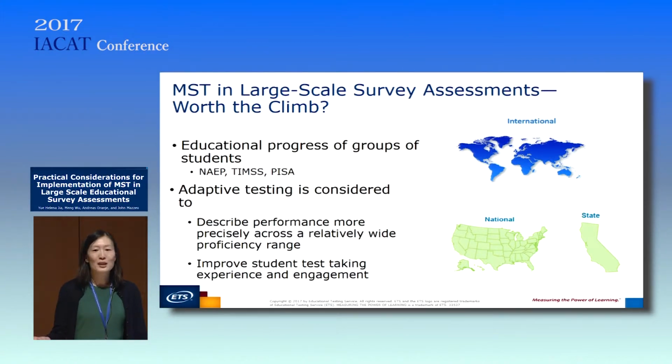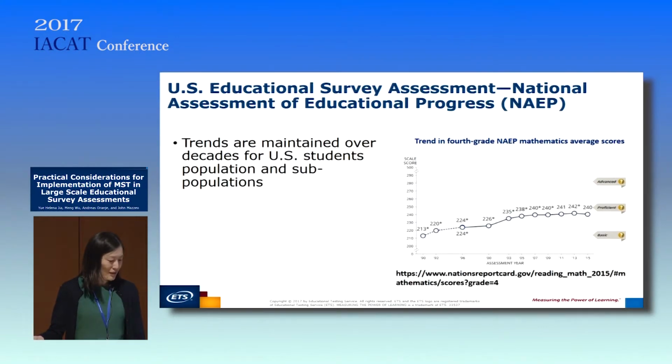There's also a motivation, an engagement issue: if you can improve the engagement of students participating in a survey assessment, which has little or no impact on their academic performance, that could be a plus at the outcome of the MST design. And a little bit more background, to give the audience a sense of why we want to solve certain questions in MST design. Here, the most important feature for survey assessment will be the trend. I gave an example for the United States survey assessment called NAEP.